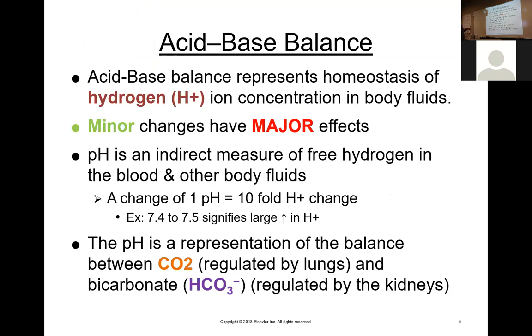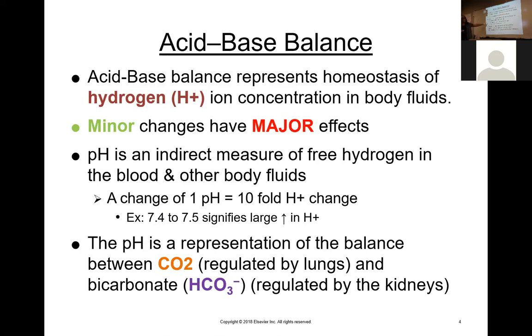When we talk about acid base and homeostasis, homeostasis is maintained by the level of hydrogen ions. You can go back to your chemistry class when we can talk about formulas, but I want you to understand that hydrogen ion gain or loss has an impact on our acid base, has an impact on our pH. And pH is an indirect measure of those free hydrogens, right?